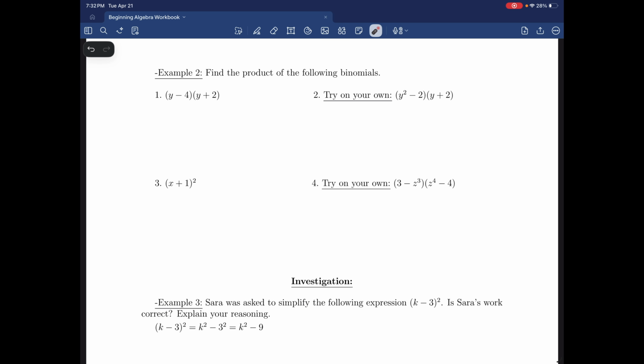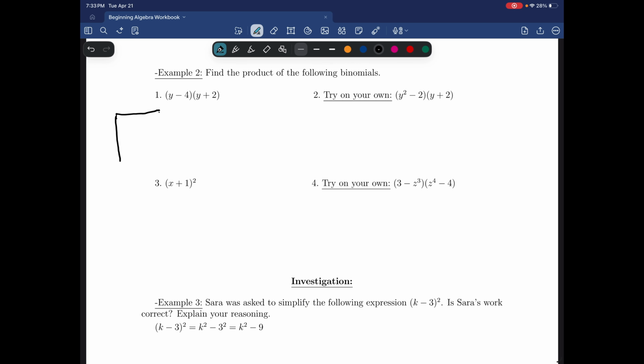So for example 1, we have y minus 4 times y plus 2. To multiply this out, I'm going to first start off by drawing a box. And then in this box, I'm going to draw a vertical line down the middle, and then a horizontal line down the middle of the box, like so.